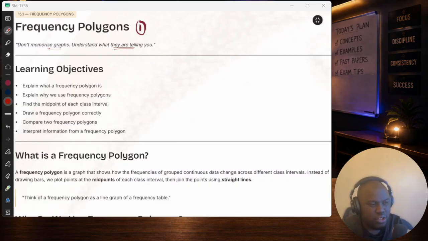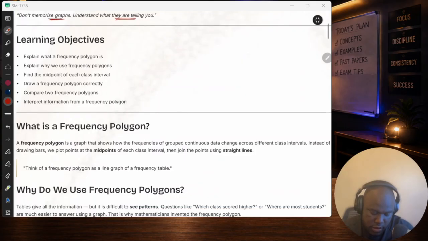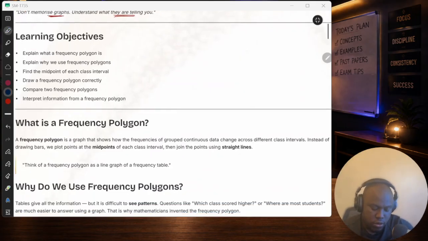So after I teach you about graphs, I'll teach you how to interpret them. In other words, I'm going to teach you how to know what that graph tells you. So we'll see how to make it first, then we'll see how to read it and understand what it tells you. So don't memorize graphs. Understand what they tell you. Are we together? Good. Now, let's go.